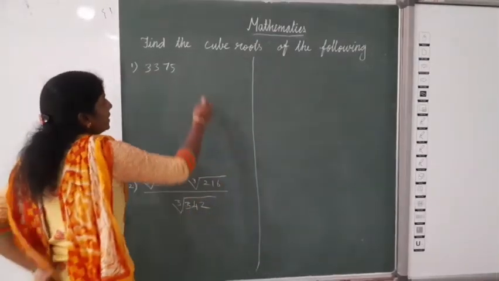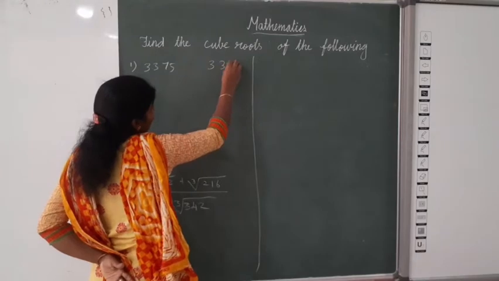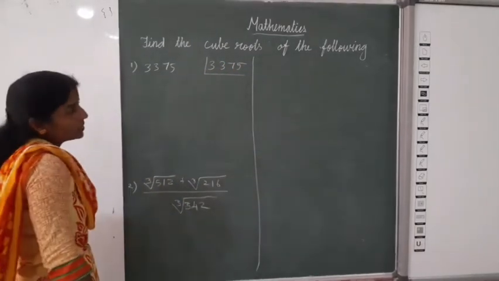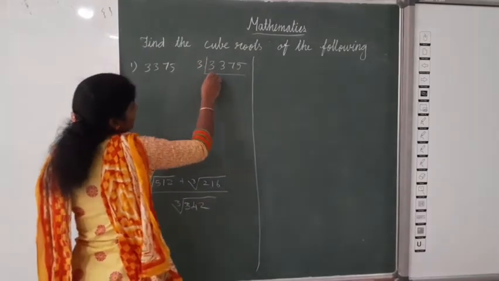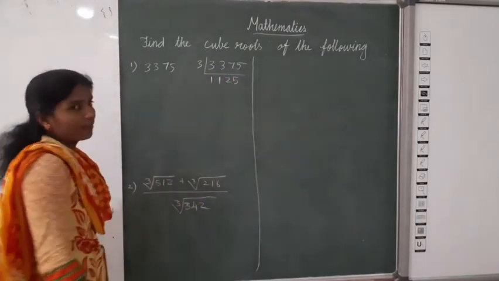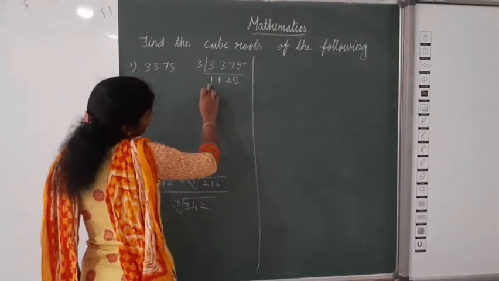Following question number 1: 3375. Now we can find all prime factors of 3375. Now we can use the 3 table. 1 3 is 3, 1 3 is 3, 2 3s are 6, 5 3s are 15. Now here again the 3 table, because 1 plus 1 is 2, 2 plus 2 is 4.